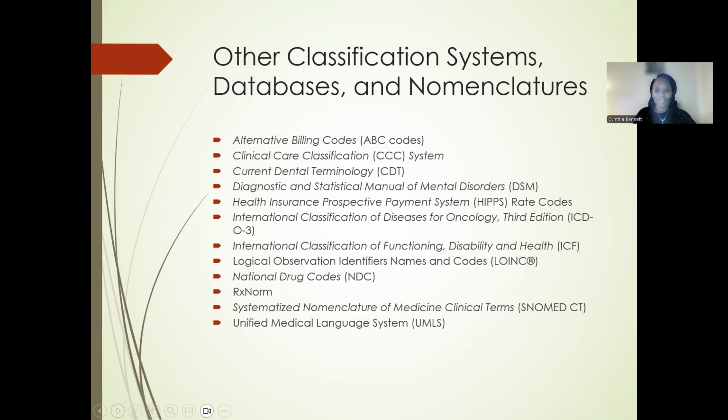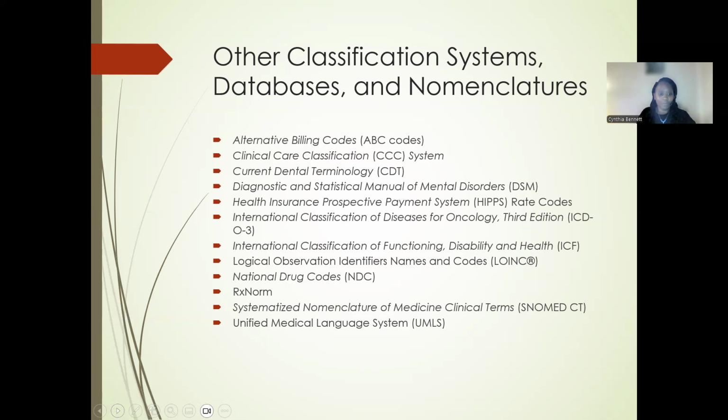You'll have your ICF, which is your International Classification of Functioning, Disability and Health. Also, you have your LOINC, which is your Logical Observation Identifiers, Names, and Codes. You'll also have your NDC codes. So these are your National Drug Codes.